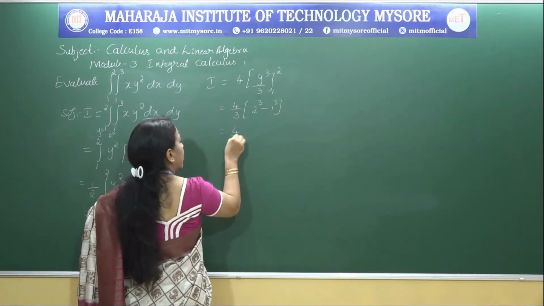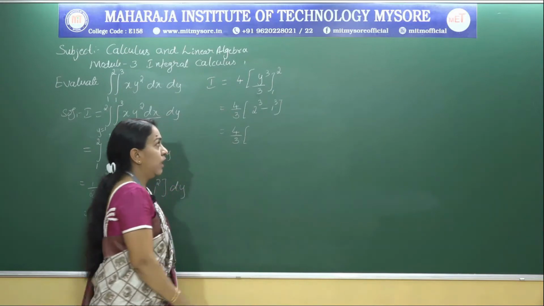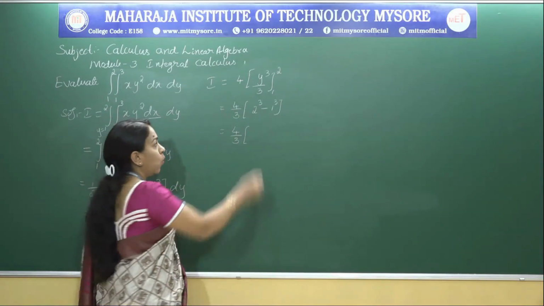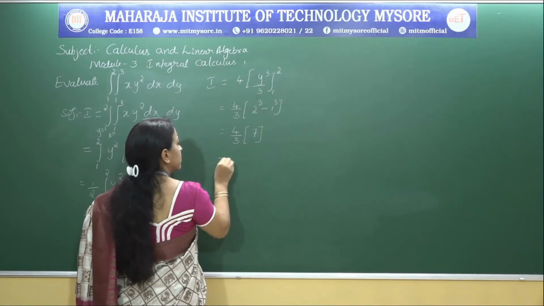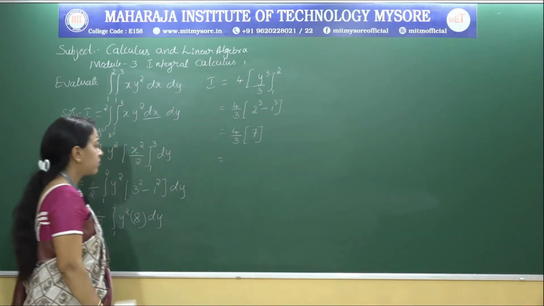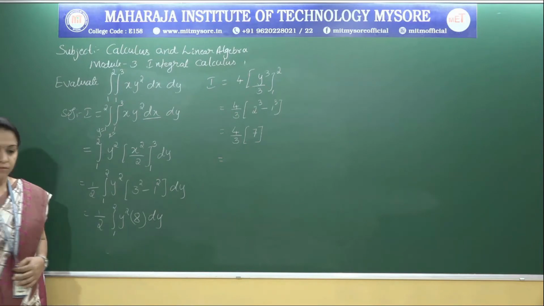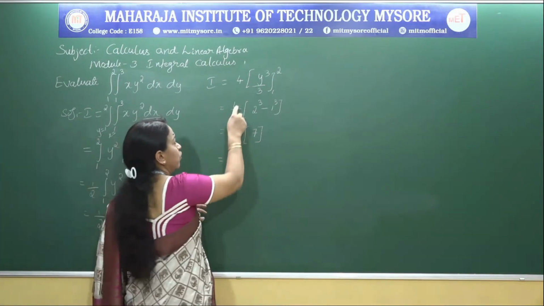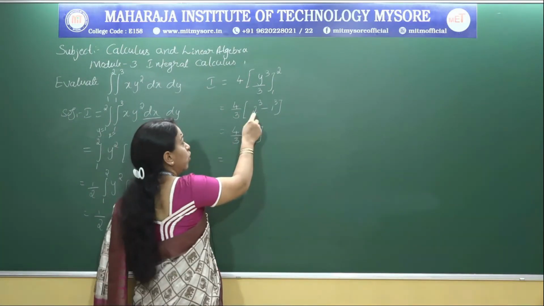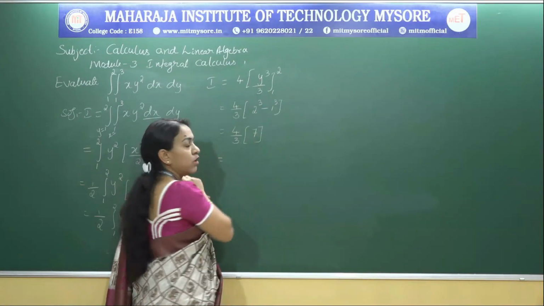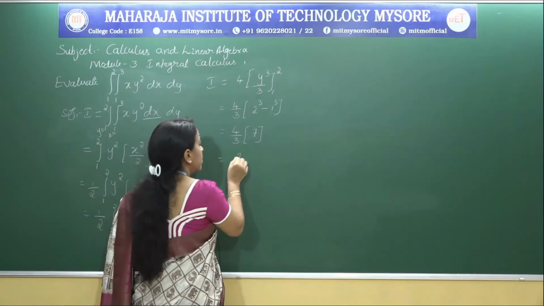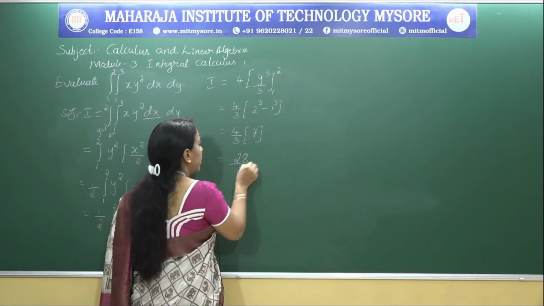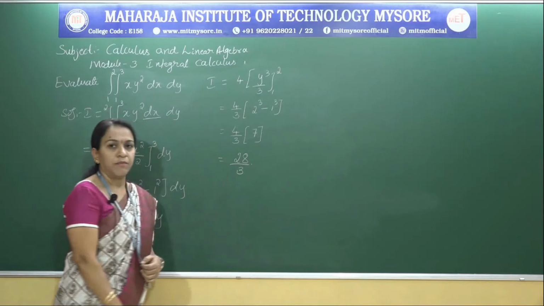It is nothing but 4 by 3 into 2 cube is 8, 8 minus 1 is nothing but 7. So, 4 by 3 into 2 cube upper limit minus lower limit 1 cube. So, 2 cube minus 1 cube is nothing but 7. So, our final answer is 28 by 3.